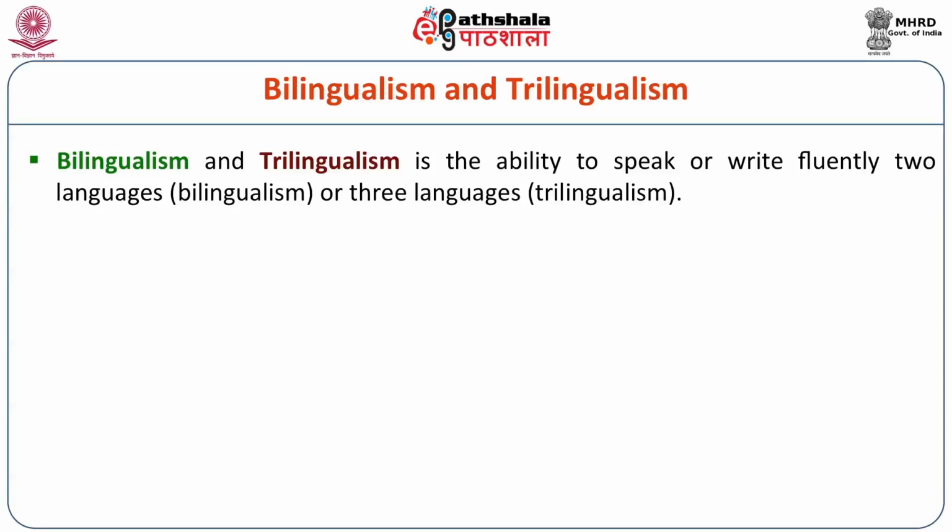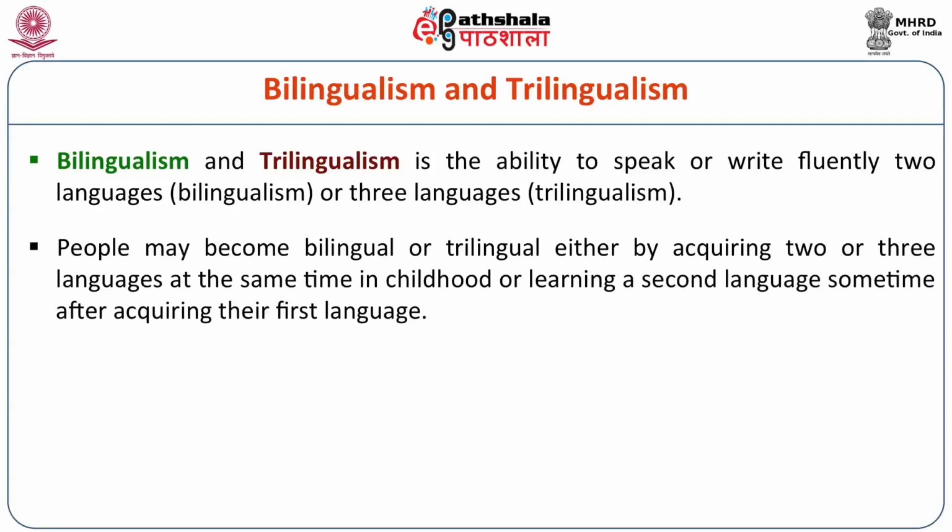Now, there is another word known as trilingualism that is also used for being multilingual in the scenario when you use three languages at a time. It is the ability to speak or write fluently two or three languages.